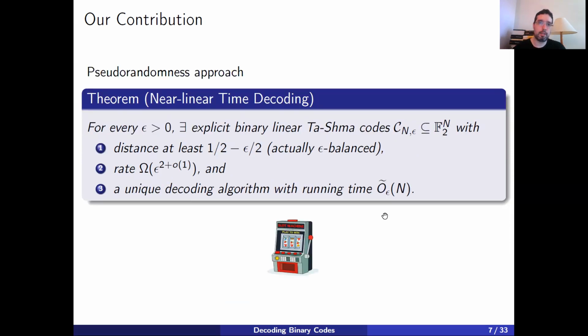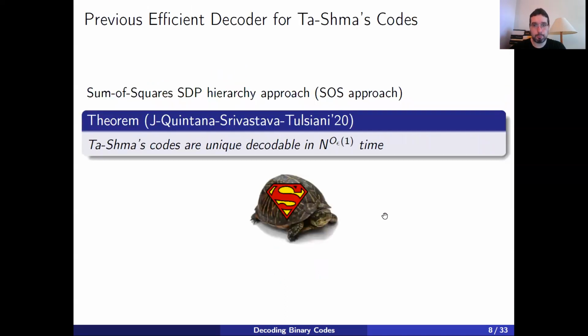Very good. And our technique, as we said, is going to be based on a pseudo-randomness approach. And that's why we have this slot machine here. Previously, we had an efficient decoder, but the previous approach was based on the sum of squares hierarchy, which is an SDP hierarchy, and it's known to not be extremely fast within polynomial time.